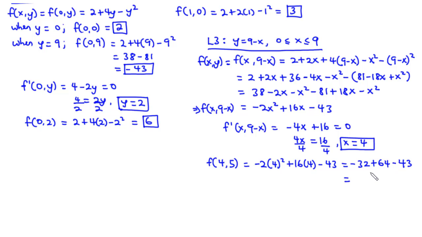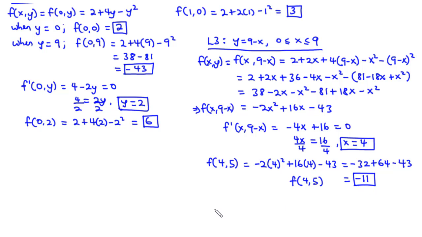Now negative 32 plus 64 is 32, and then 32 minus 43 is negative 11. So we have the value of the function at the point (4, 5) to be negative 11.